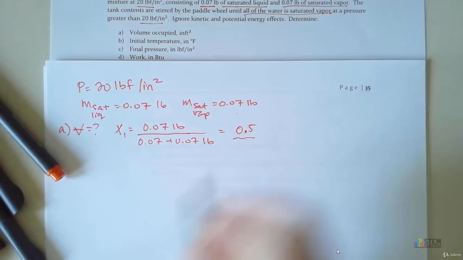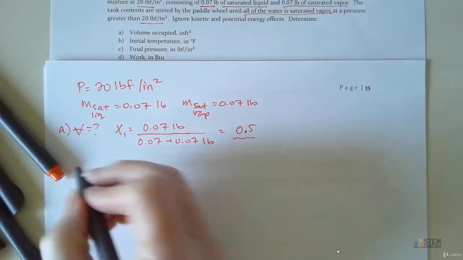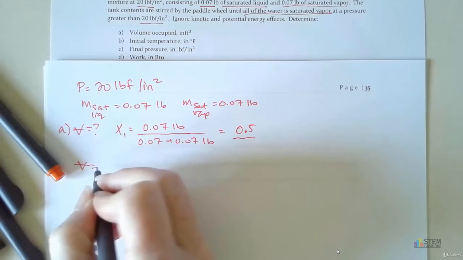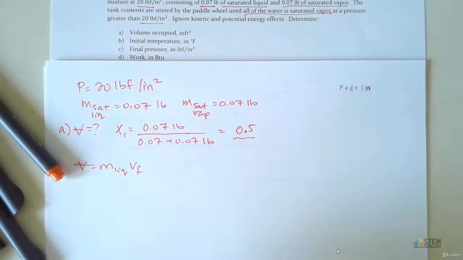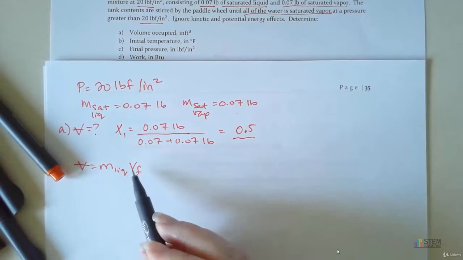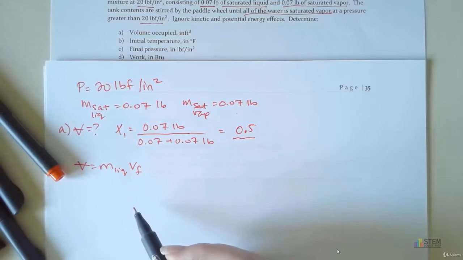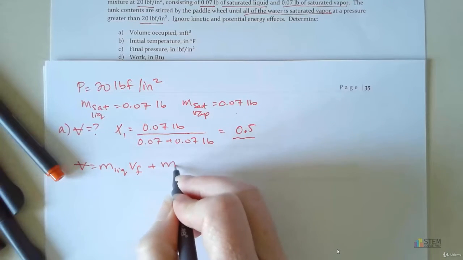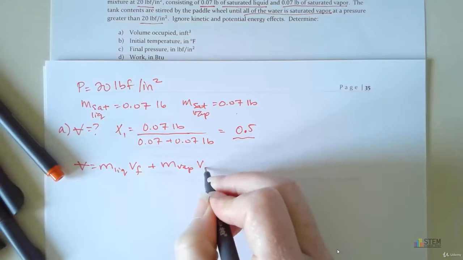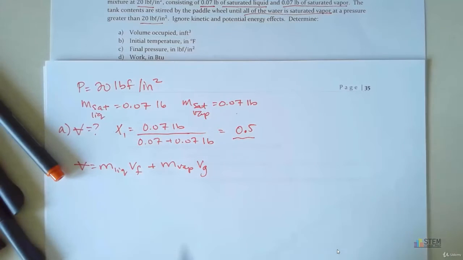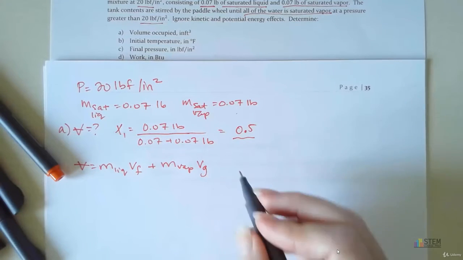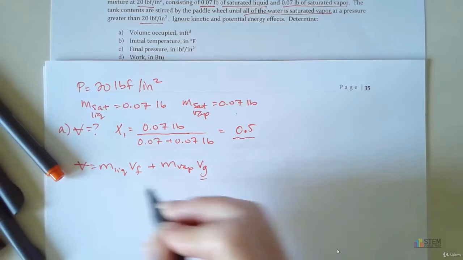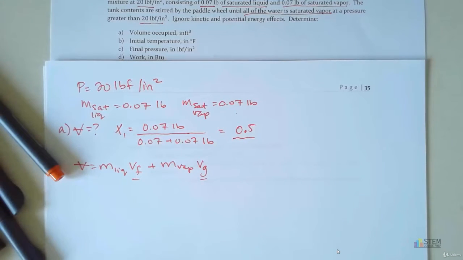Now that we've got this established, if you remember from before, we wrote down that volume has to equal the mass of the liquid times Vf, so this is the specific volume, saturated liquid, plus the mass of the vapor times Vg. Remember, Vg is where we are 100% vapor. That's the specific volume at that point. Now what we need to do is find these specific volume numbers.